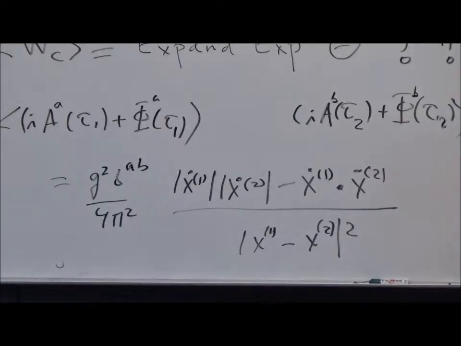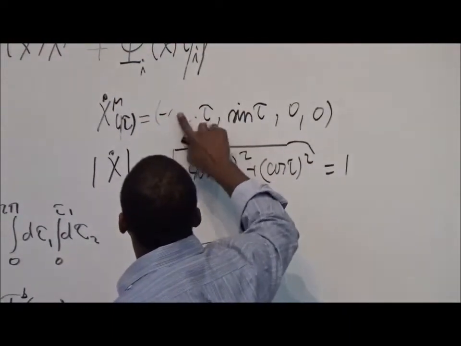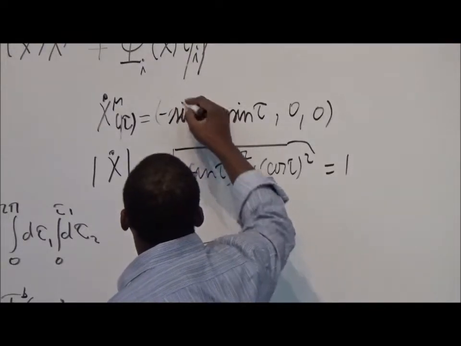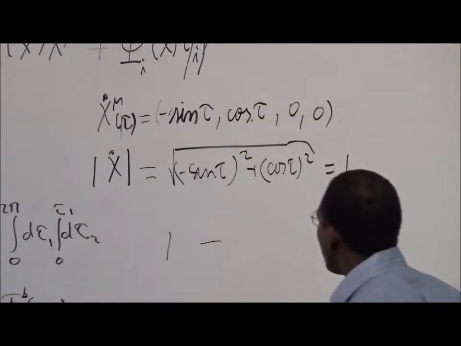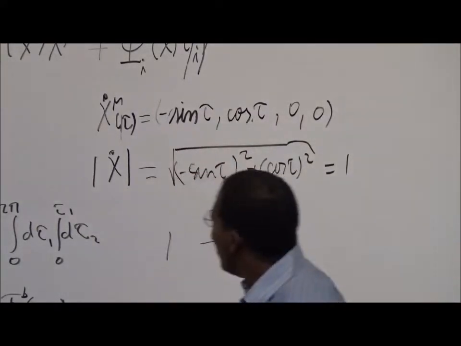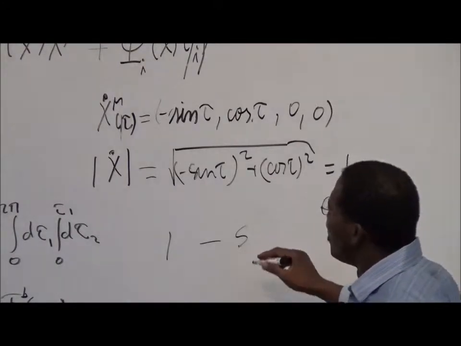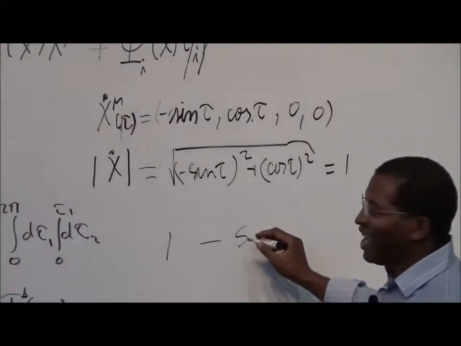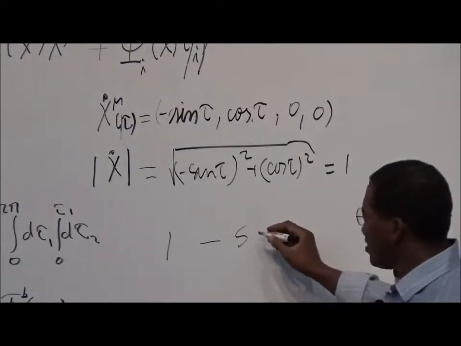So x dot, let's write x dot just because we are going to use it a lot. This is minus sine, and this becomes cosine. This is the speed. I need to multiply it with the one with parameter 2. Allow me to write S for sine and C for cosine, since that is simpler.